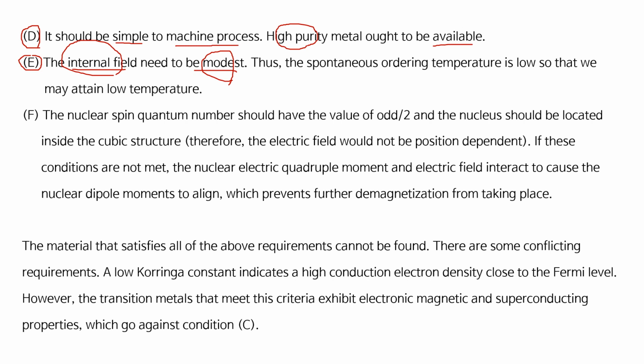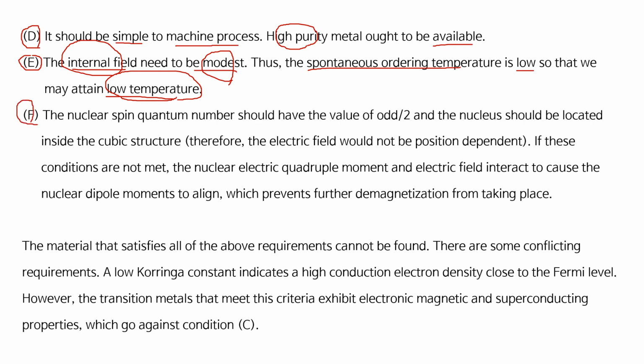Then the spontaneous ordering temperature is low, so that we may attain low temperature. So if we have a small internal field, then we can have a much lower final temperature.